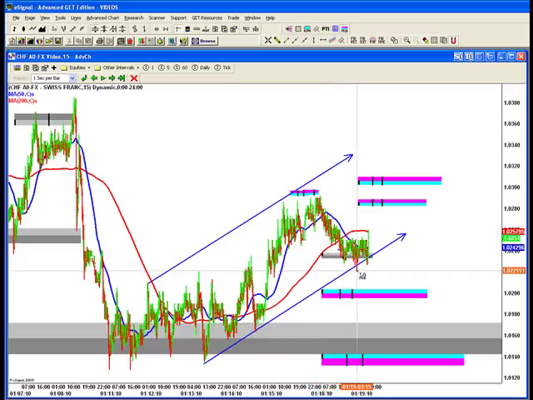And a support level that could be generated from this part here. That's it. Now, this is the situation as it stands right now, live.